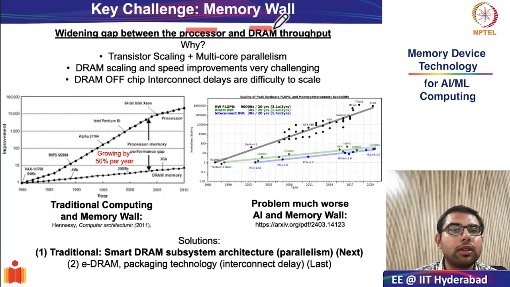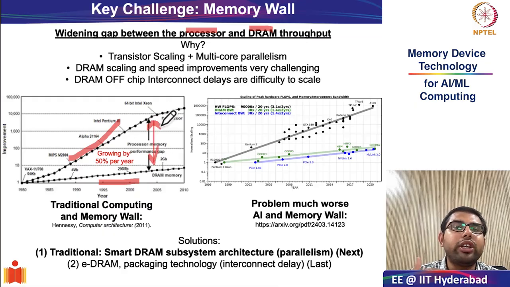This is because while transistor scaling and multi-core operation have made the throughput of processors very, very fast, DRAM scaling and speed improvements in the main memory have been much slower. As a result, there is a big gap which keeps growing year on year.